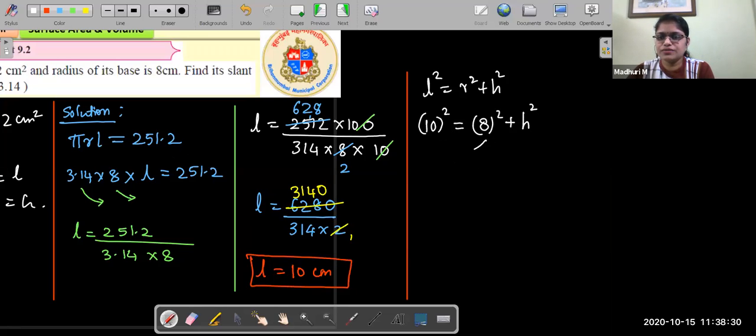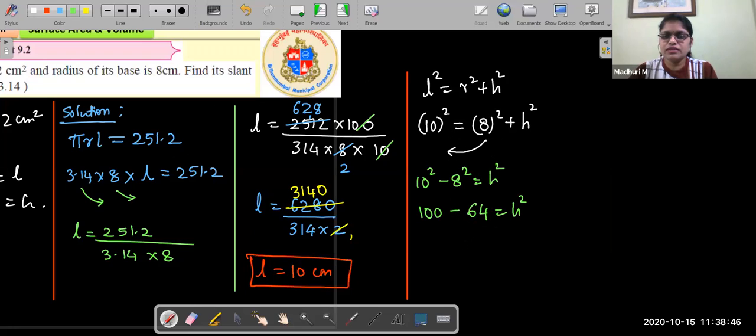And we are going to shift this 8 squared to this side, so that would be minus 8 squared, right? So 10 squared minus 8 squared equals h squared. This is 100 minus 8 times 8 is 64, which equals h squared. So what are we left with?